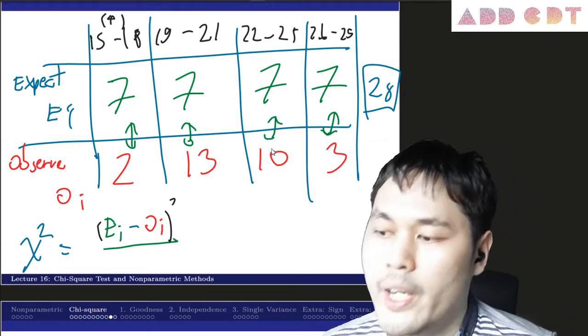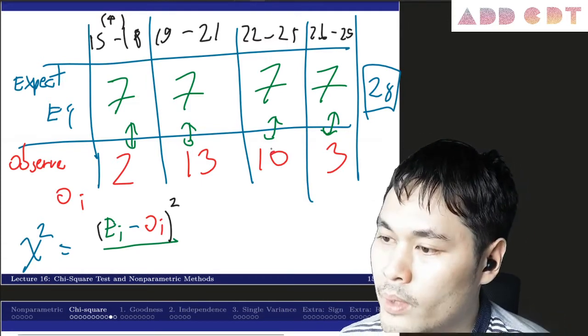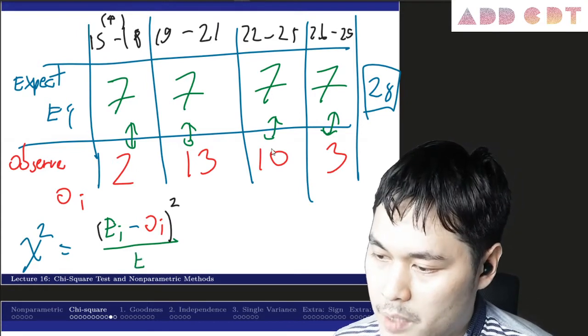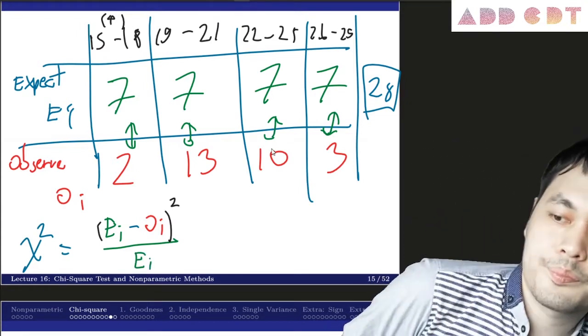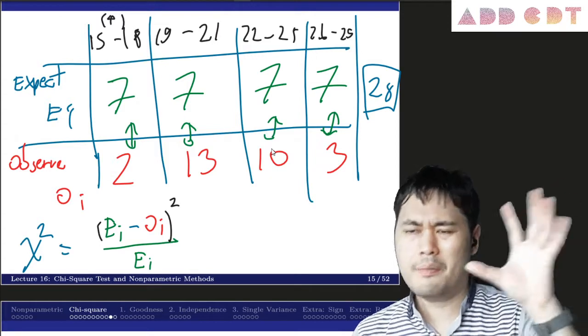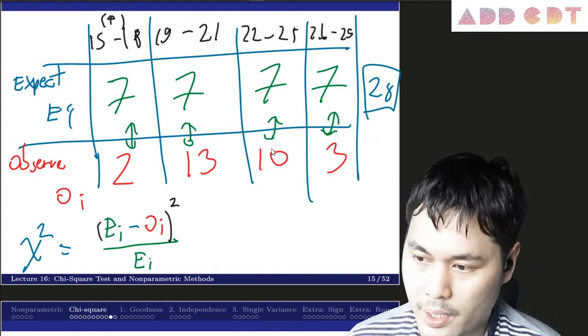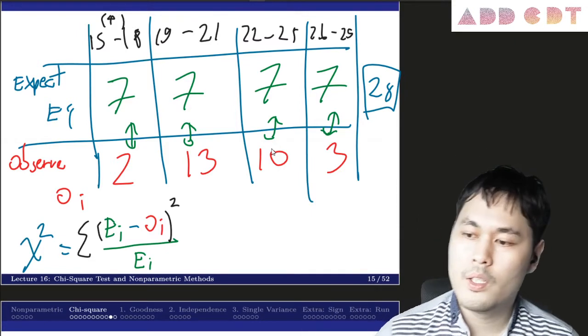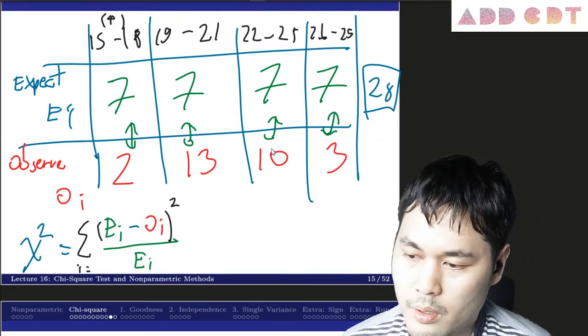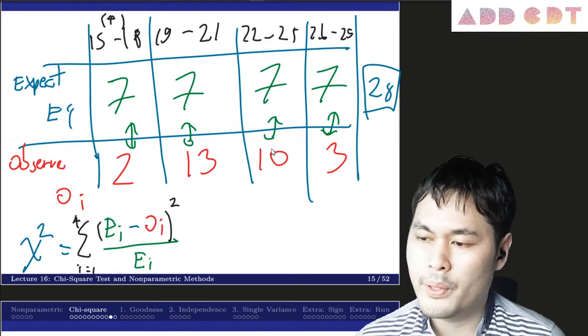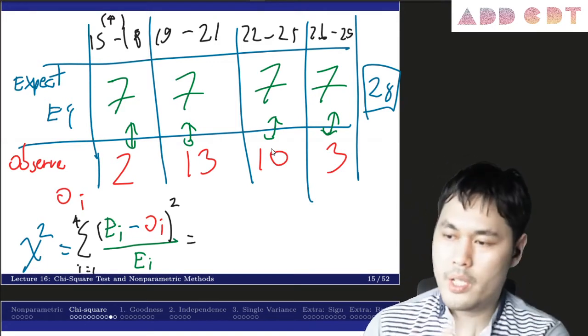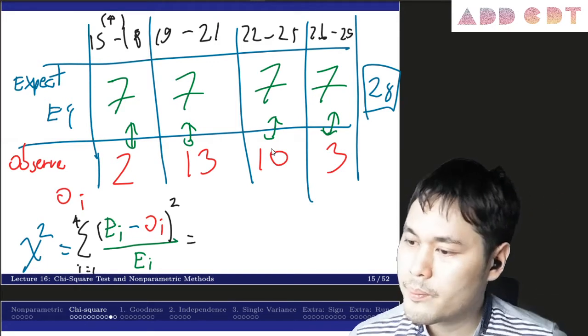Then we square it so we get a positive number, and then we divide it by the expected count. And we take the summation; this is just one term. We have to take this for all 4 terms, from 1 to 4, which means we compute this for 4 different ranges.